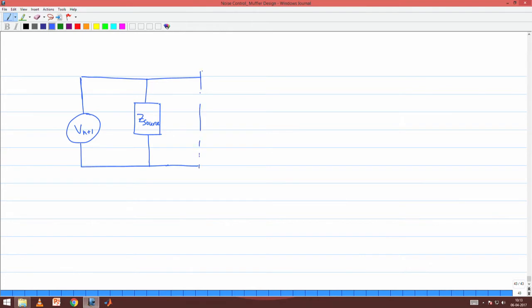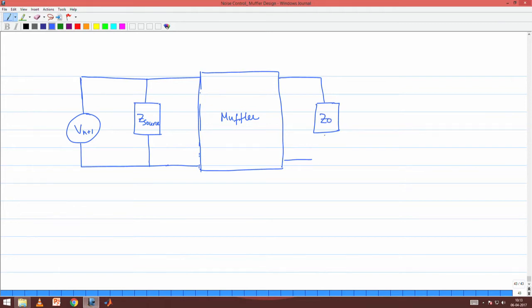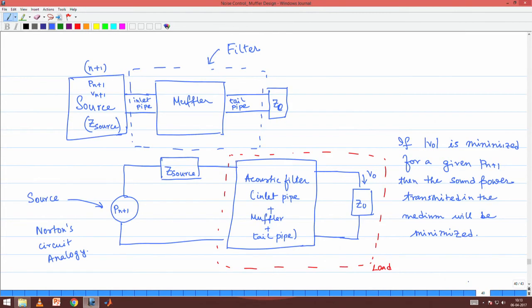Then you will have the muffler, which could have elements in the inline position, which could have the elements in the shunt position, and finally, you will have the radiation impedance Z0, right. So, this is the circuit when you do the modeling in terms of velocity source, whereas what was shown earlier here is the circuit in terms of the source modeling taken as a pressure source. Okay.